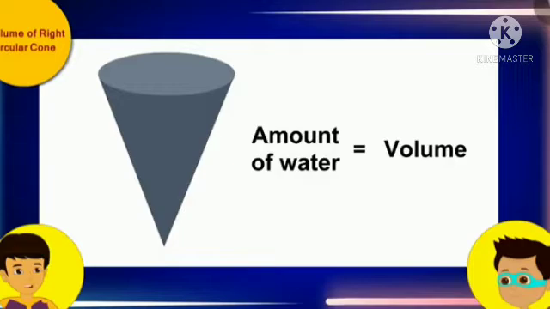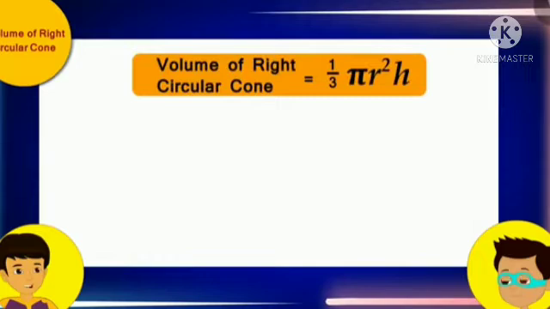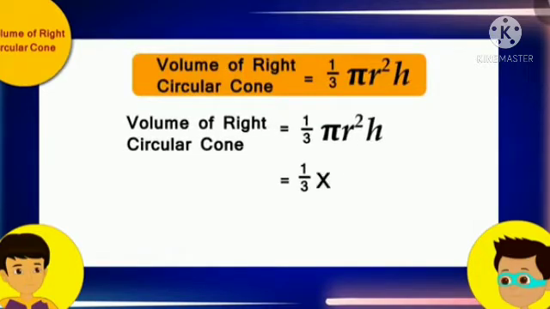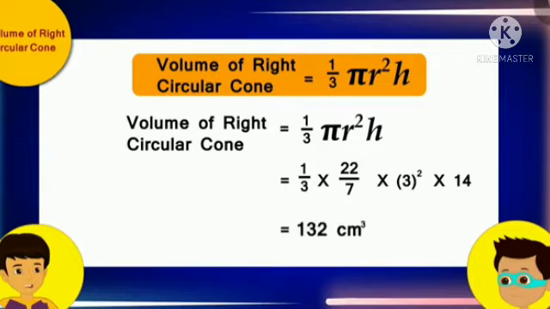So, now we just need the radius of its base and height in the formula. The radius is 3 centimeters and its height is 14 centimeters. So, let us solve this by replacing the numbers in the places of r and h respectively. And then we will know the volume of this conical vessel.